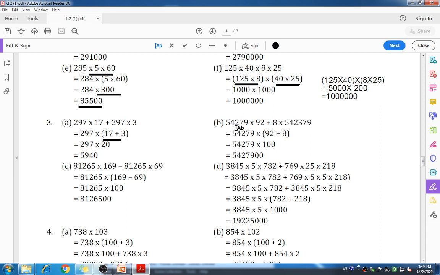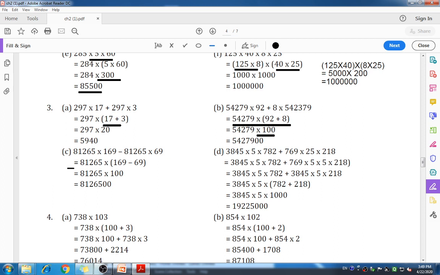Look carefully, 54,279 is common. So I wrote it outside of the bracket, and in the bracket there is 92 plus 8. So 92 plus 8 is 100. So if we multiply that number by 100, we get 54,27,900.